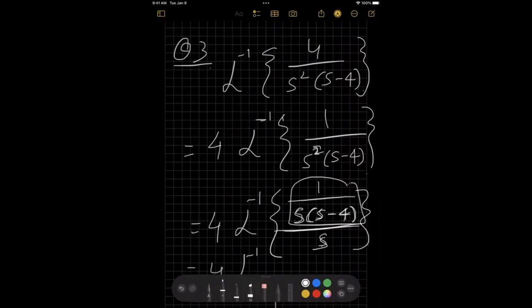So this s will be multiplied with this s. Are we not able to do partial fractions and just solve it through inverse Laplace? Yeah, you can do that other way. But this is a quick method as compared to the partial fractions.